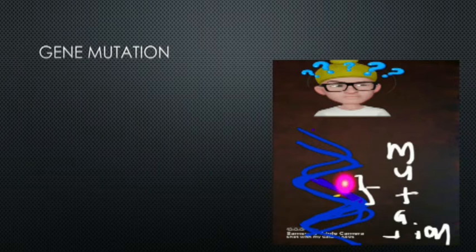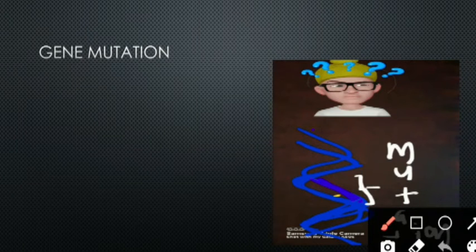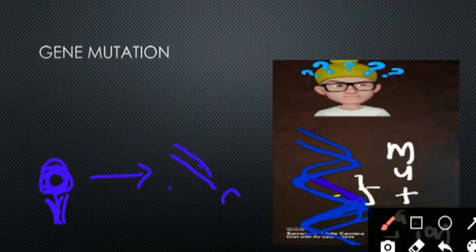Okay, so the phenotype is changed. Now suppose here is a flower which has yellow color, and it is responsible for such a gene.